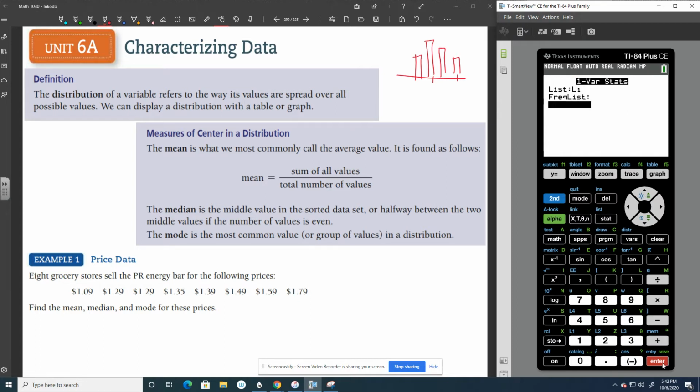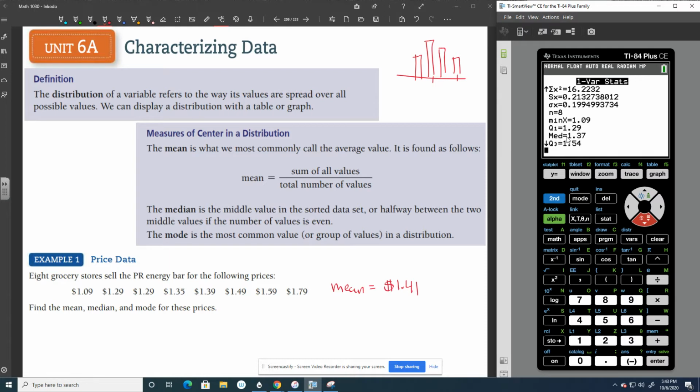So I'm going to hit enter, calculate, and it gives me a lot of information based on those numbers. The first one that it gives me right here, this x with the bar over the top, that represents the average. So my mean is going to equal $1.41.